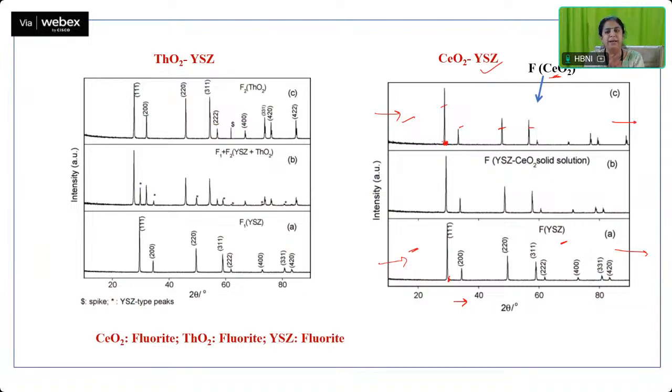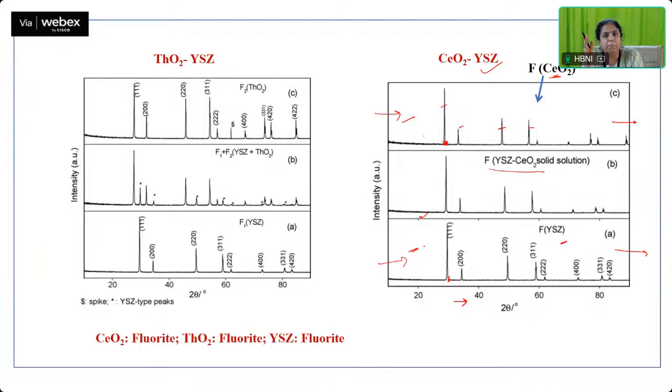Okay, coming back to what I am teaching you here. Of course, I made 10 compositions in between ceria and YSZ, but here I'm showing the XRD pattern of the one that contains 50-50% of YSZ and ceria. So what we observe is that the XRD pattern is similar to what I got for ceria and YSZ, and there are no extra peaks, okay?